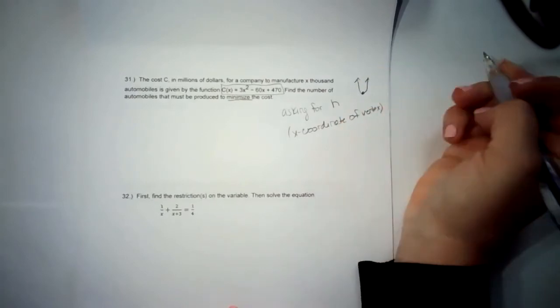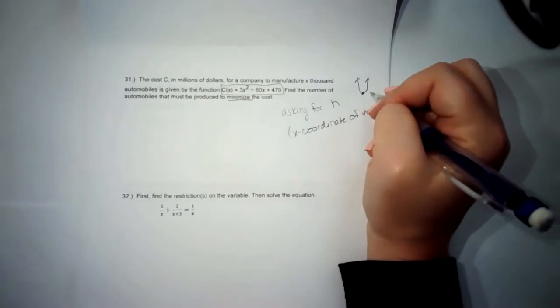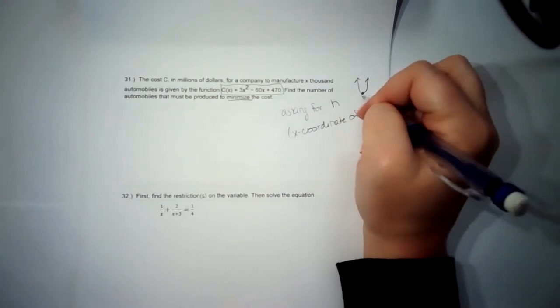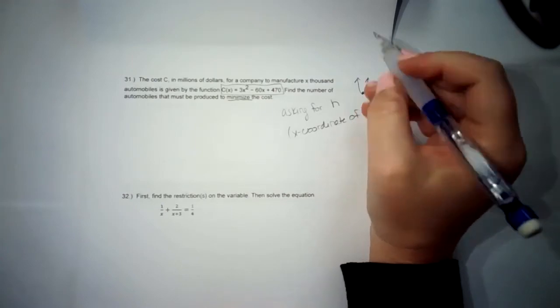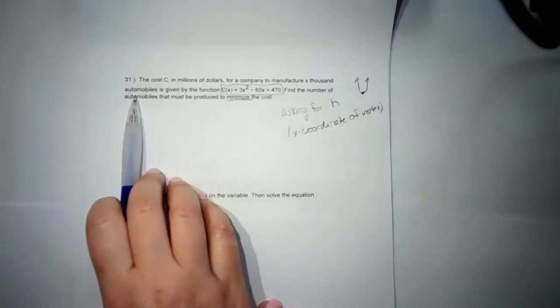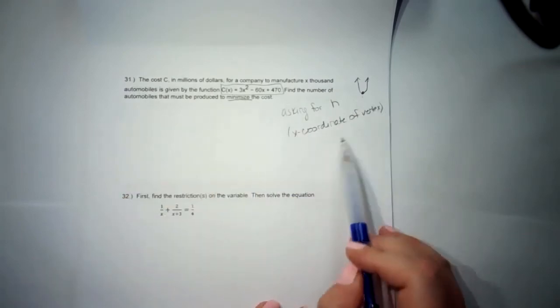It's asking for the minimum point. That's how I know that. It's in math words, badly written math words, asking you for the minimum point. Okay, that's how I know, which is going to be the vertex. And because up here it told us X is automobiles, and this asks for the number of automobiles, that's how I know what this is.